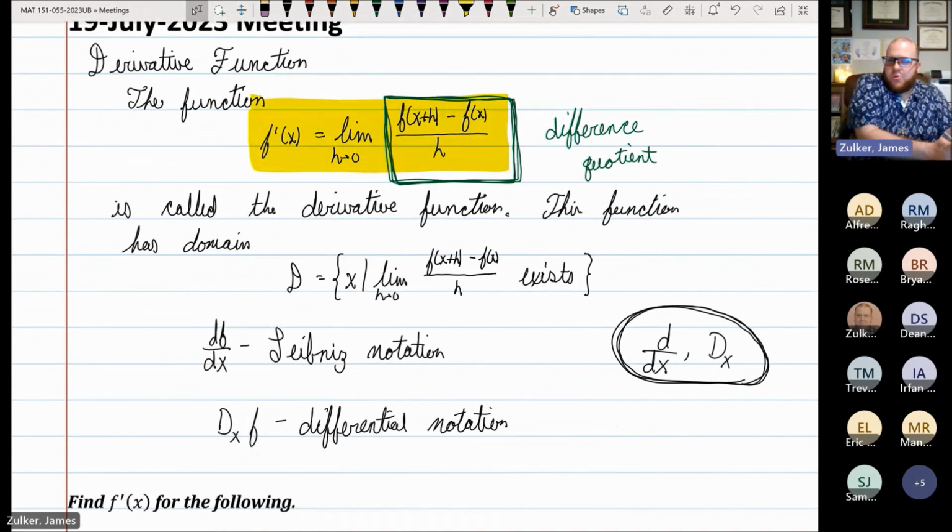We take the difference quotient, which is pre-calculus, and we pass it through a limit. Calculus is easy. Algebra is difficult.